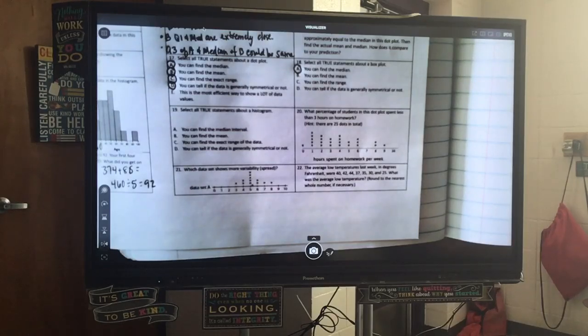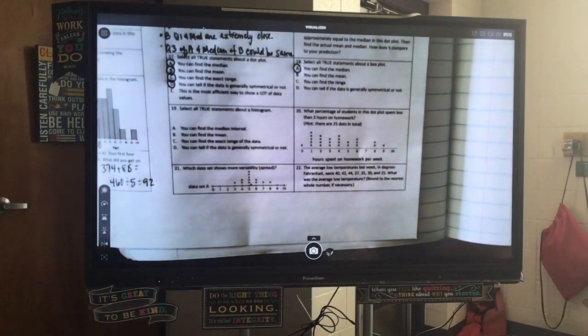Why can we not find the mean? Well, you don't know the exact number of values, and what else do you not know? You don't know the numbers. You just know the minimum value. Right. So you have to know the values, and you have to know the number of values, and we don't have either one of those. Why are your shoes so much more important than a study guide right now? So that is not a true statement for a box plot.